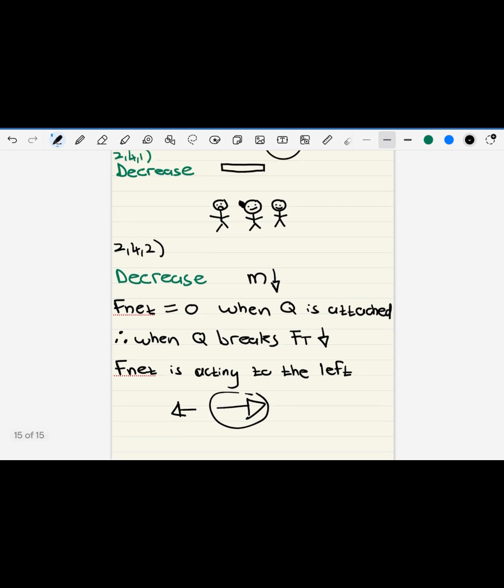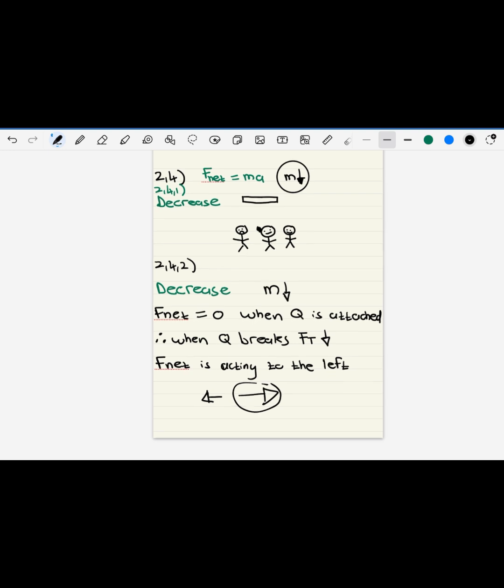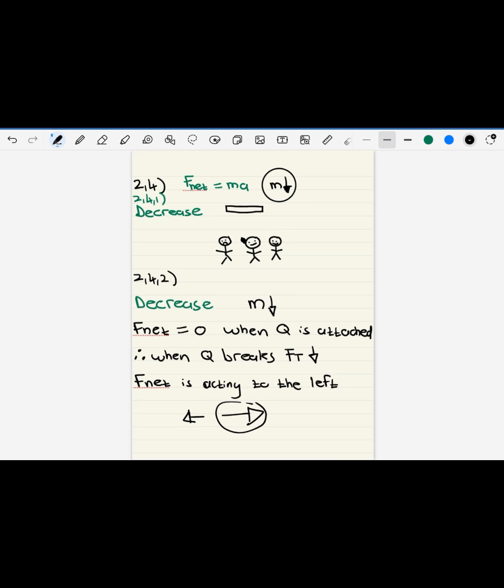So therefore it is decreasing. You've got to know in which direction all your forces are acting in order to answer this question. There are plenty of ways to answer question 2.4, but this is just how I like to do it. I always like to think of these questions: how does it relate to F net equals MA?